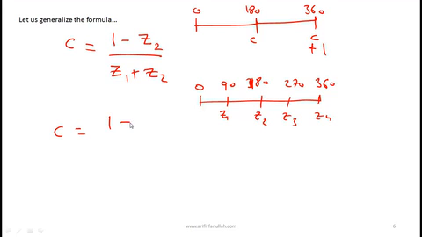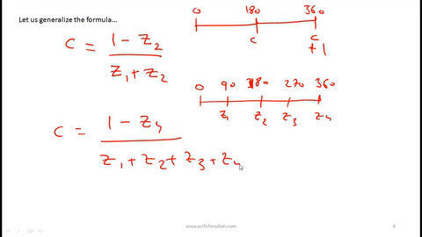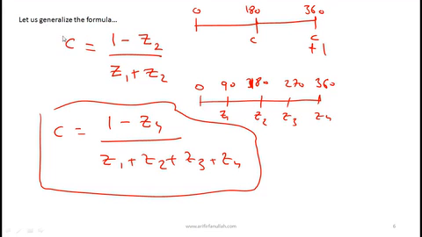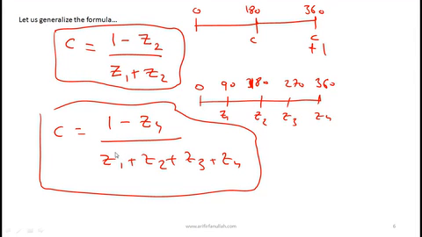It becomes 1 minus, so this is always the last discount factor, divided by Z1 plus Z2 plus Z3 plus Z4. So can you memorize this formula? Actually I would say you memorize this, and then based on this you can just know what else will come. Since this is there in the curriculum example, I think you are more likely to be tested on this simplistic version because it demonstrates that you know this material. Okay, so this is the formula for coming up with C.